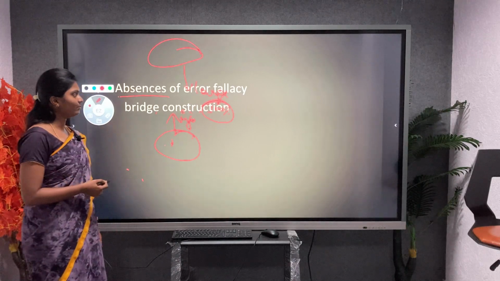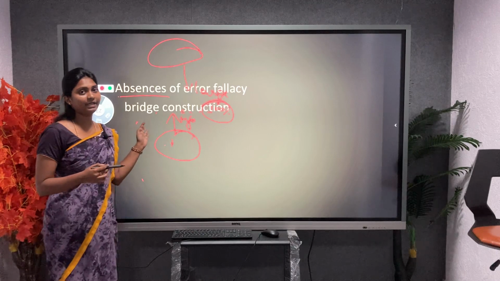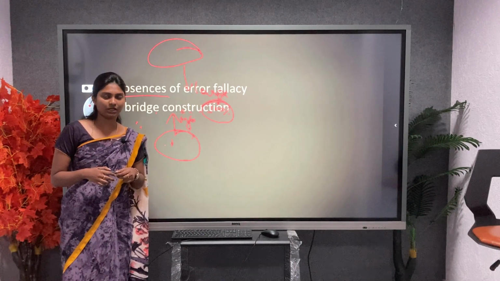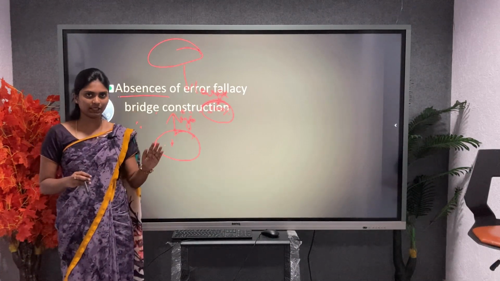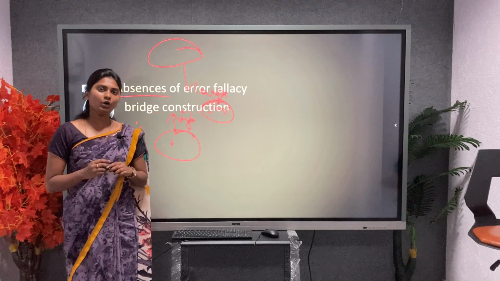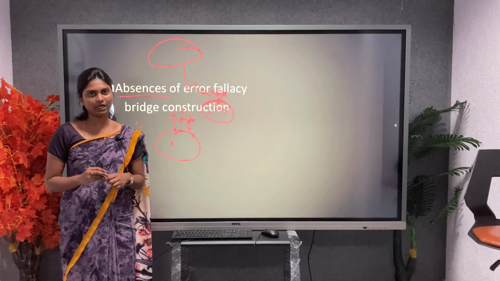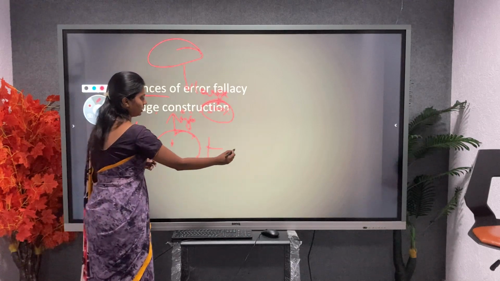In the absence of error fallacy, suppose we are developing a bridge in construction. We follow particular guidelines and develop the project. The overall project is over, I have completed it, and I have built the bridge like this.